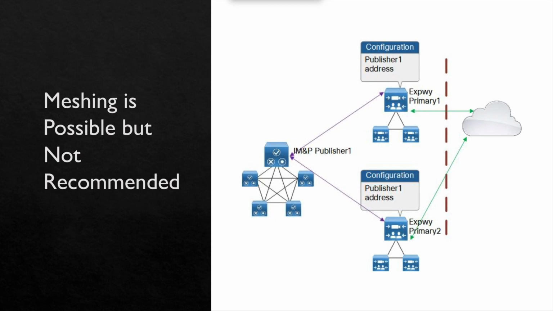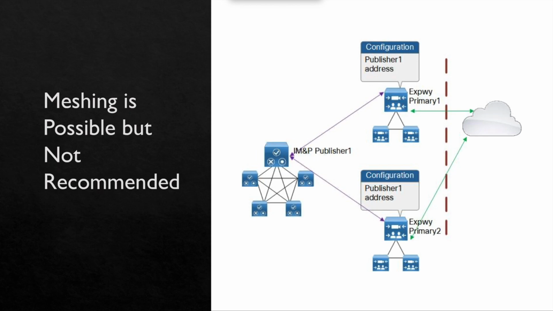And for that reason, Cisco does not recommend this solution. They recommend that you avoid connecting multiple Expressway clusters to a single IM and Presence service cluster. However, if you cannot avoid meshing because data center redundancy is more important to you than latency or performance, then you should try to keep meshing to a minimum. So Cisco will support it, they just don't recommend it.